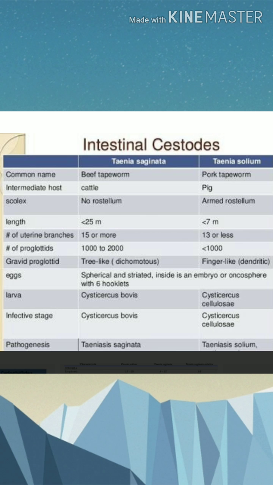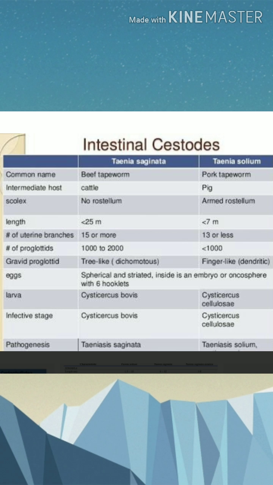If we examine the proglottids under the microscope, we will see more than 15 uterine branches in Taenia saginata, and in Taenia solium less than 13. There may be 1000 to 2000 proglottid segments in Taenia saginata, but in Taenia solium it may be less than 1000. So these are some important distinguishing features between Taenia saginata and Taenia solium.